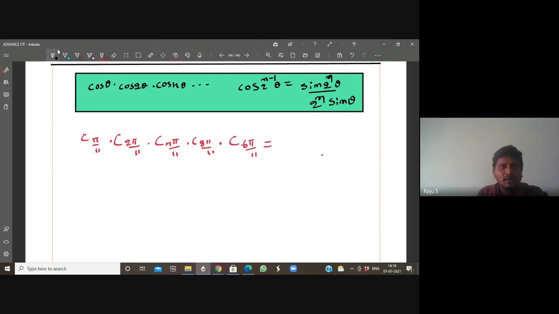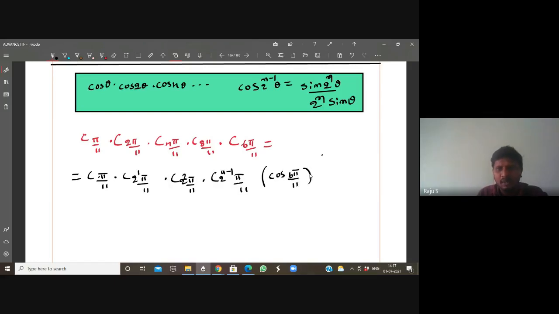Till here, this can be written as cos pi by 11, cos 2 power 1 pi by 11, cos 2 square pi by 11, cos 2 cube, that is 2 power 4 minus 1, pi by 11. The last value is cos 6 pi by 11.